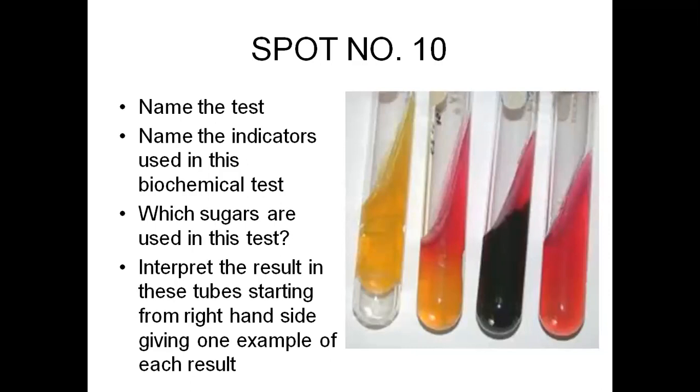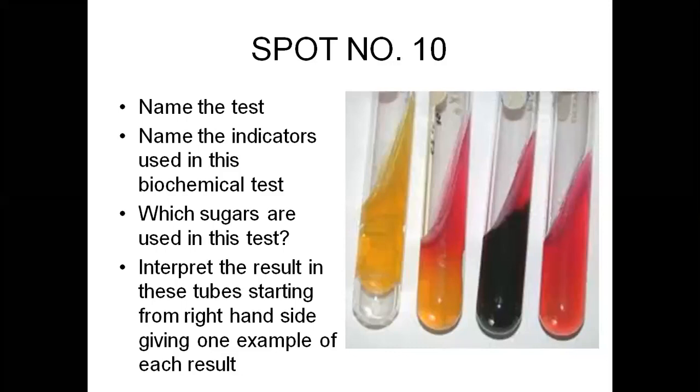Before going to this last slide, one of the culture medias left is CLED agar. CLED agar is light green in color. CLED means cysteine, lactose, electrolyte deficient media. CLED is basic nutrient agar containing lactose and cysteine, but there are no electrolytes.